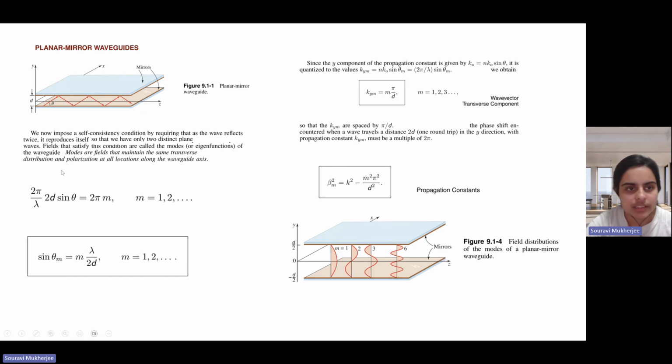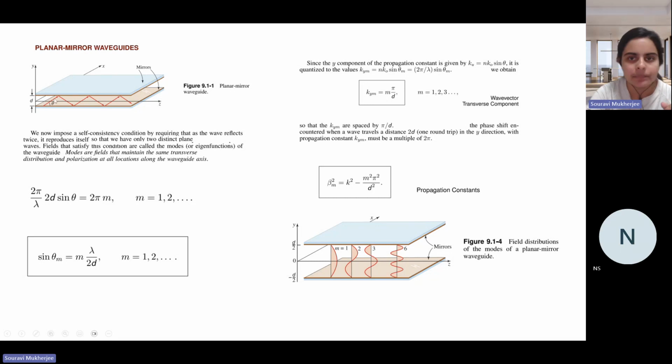Now consider a wave incident at some angle and propagating along the z direction. The wave number components could be given as kx, ky, kz, where kz is k cos theta. And if you consider the transverse direction as y, then ky would be given as k sin theta.